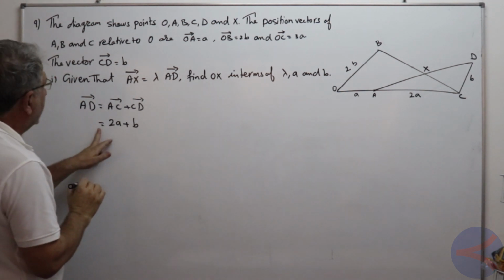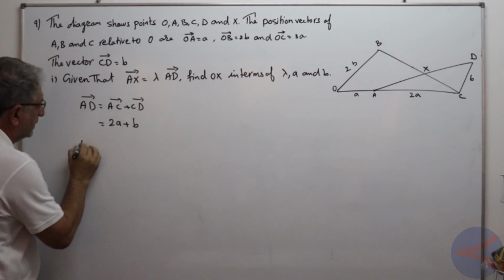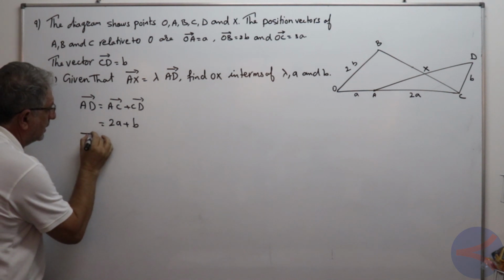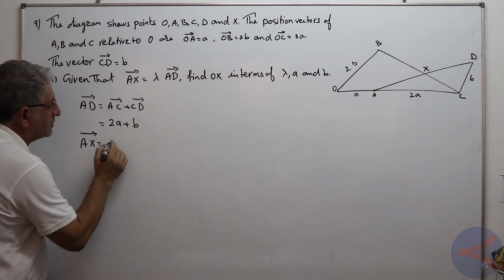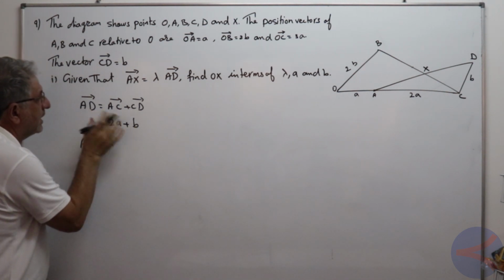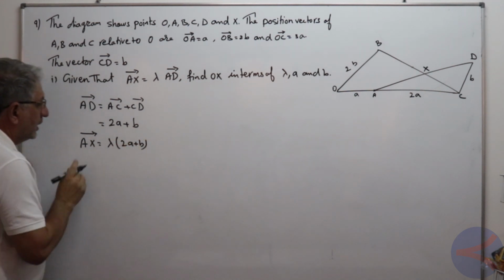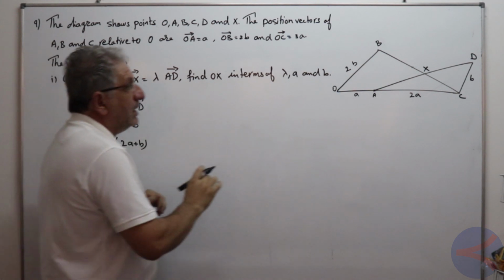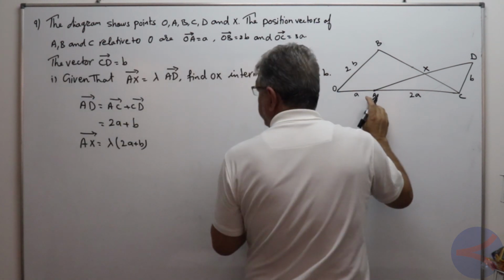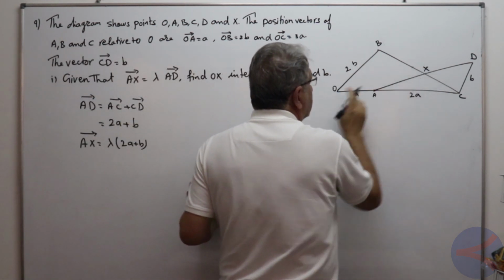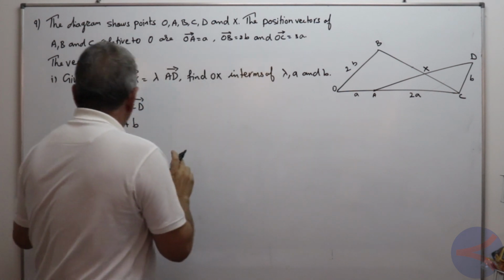Now, we know that AX is equal to lambda times AD. AD is this one, so 2a plus b. Now, what is AX? I can write any vector I have.